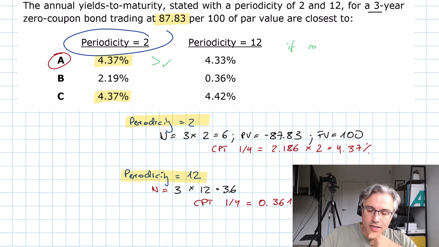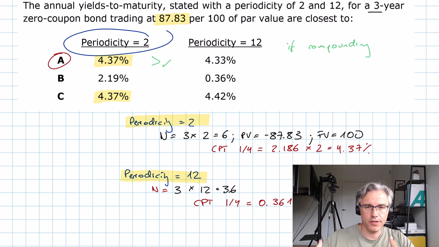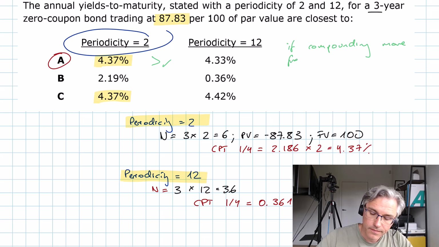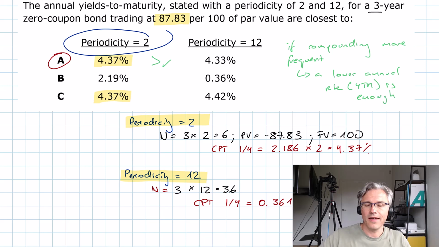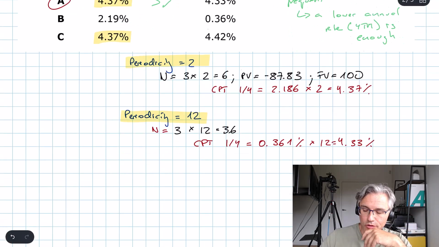Let's say over here that compounding and periodicity is the assumption about how frequently you compound interest. So if compounding is more frequent, then a lower annual rate or a lower annual yield to maturity is, let's say, enough to produce the same overall result as would a YTM computed under a less frequent compounding assumption, right?